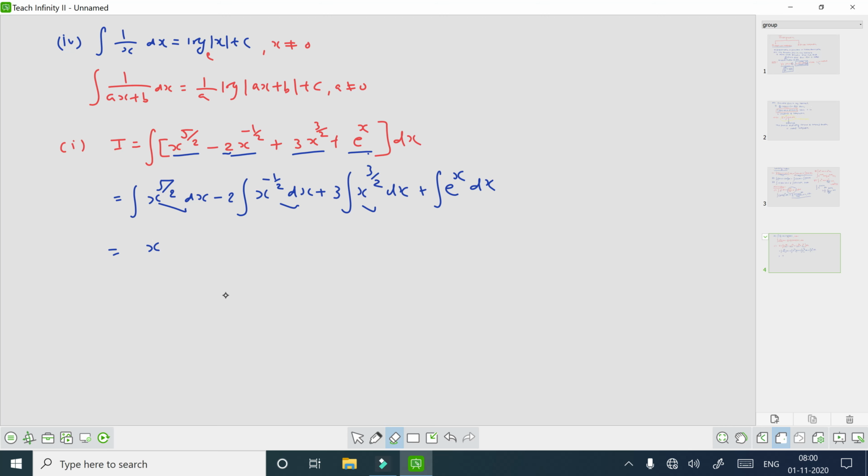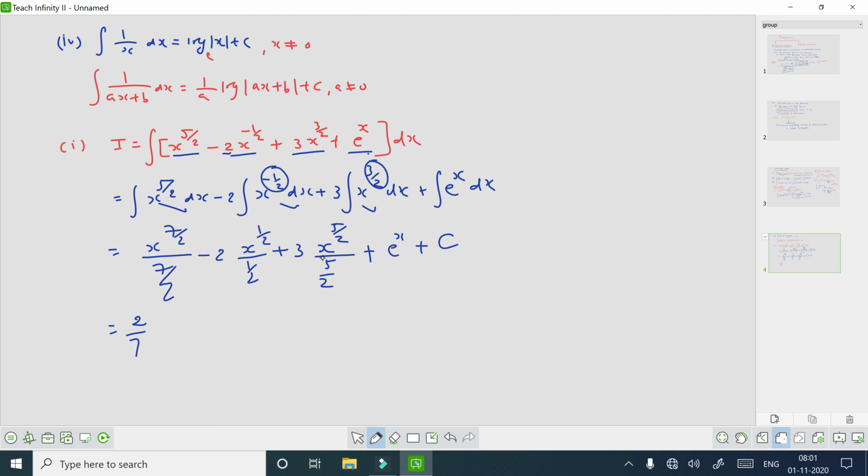So x raised to 7 by 2 over 7 by 2, minus 2, x raised to minus half plus 1, that is half, over 1 half, plus 3, x raised to 3 by 2 plus 1, that comes out 5 by 2, over 5 by 2, plus e raised to x, because integration of e raised to x is e raised to x, plus constant of integration c.